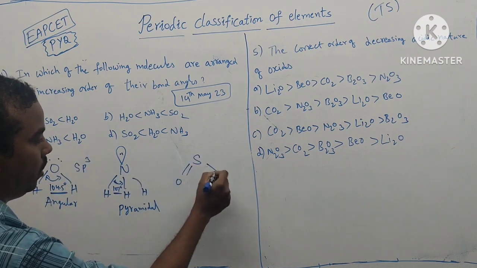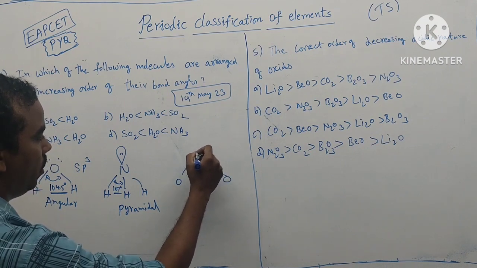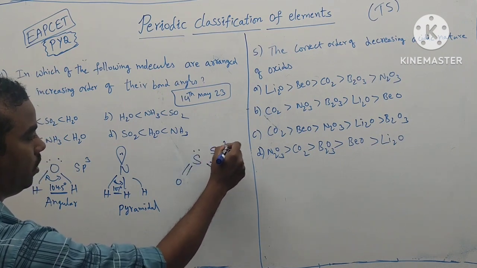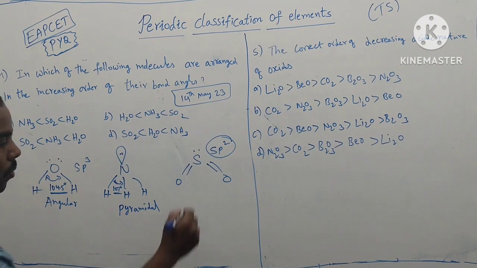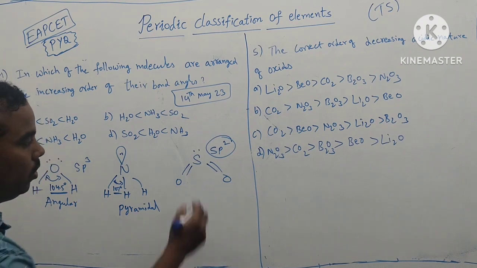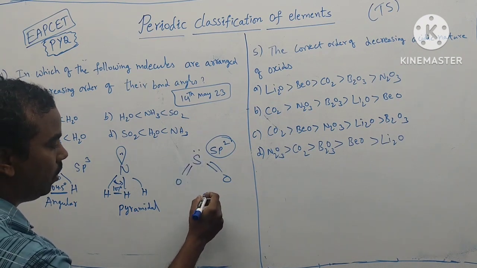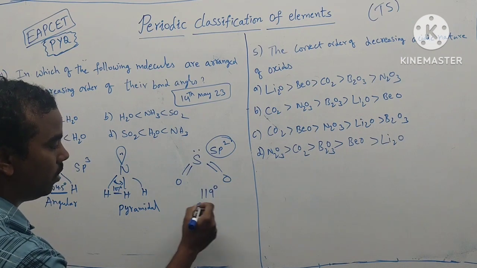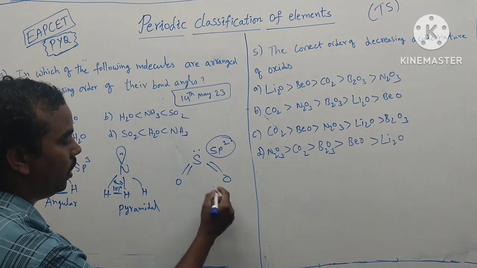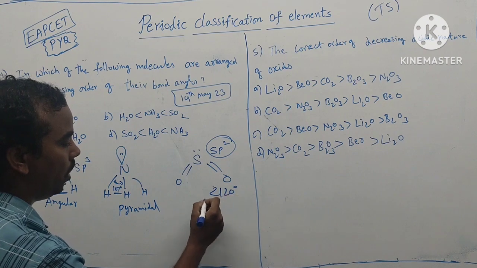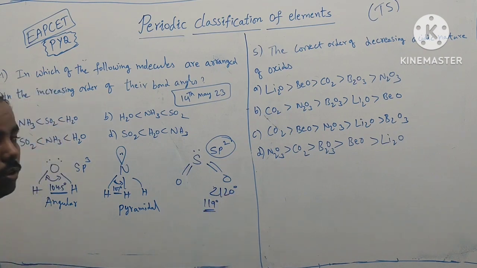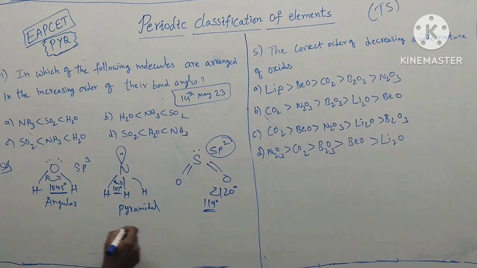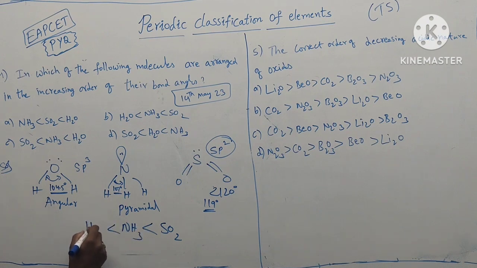SO2 has sp2 hybridization, which means a bond angle of 120 degrees. Due to the presence of a lone pair, its bond angle decreases to less than 120 degrees, nearly 119 or 118 degrees. So which bond angle is highest? SO2 has the highest bond angle. Next NH3, next H2O.